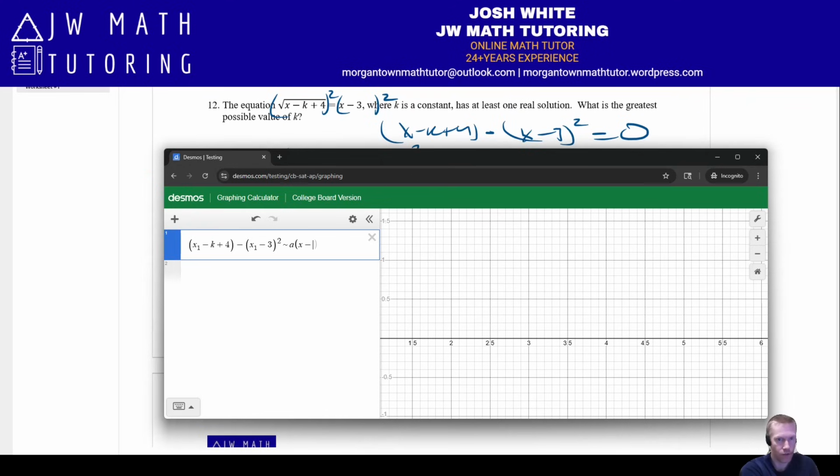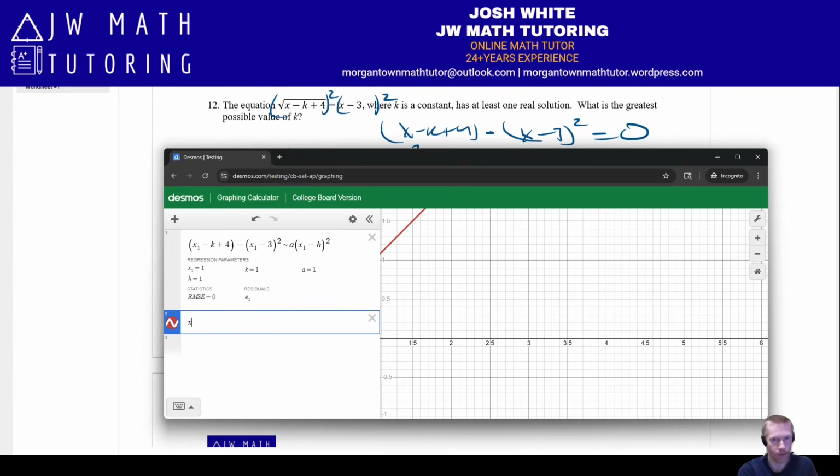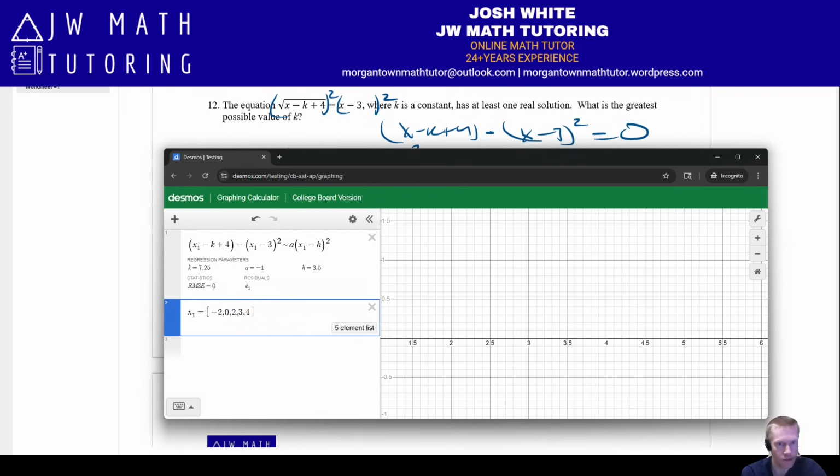And then this is going to be regressed to a vertex form quadratic, but with the k value, meaning the y-coordinate of the vertex, equal to 0. Let's add an element list. There we go. Perfect. Notice it's given us the same k value of 7.25.